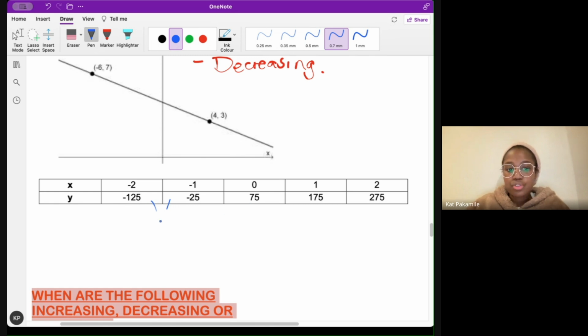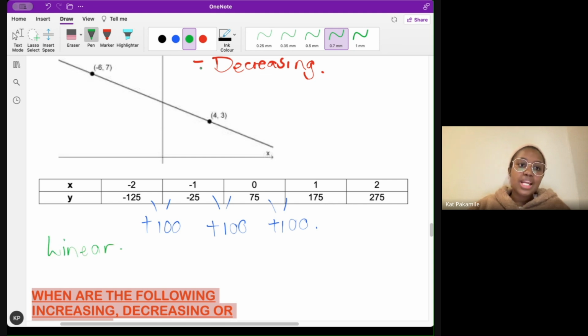You added 100. That's true. And from negative 25 to 75, we added 100 again. Then it's easy because you can see that I'm adding 100. So is this a linear or non-linear graph? It is indeed linear because we have a constant difference.